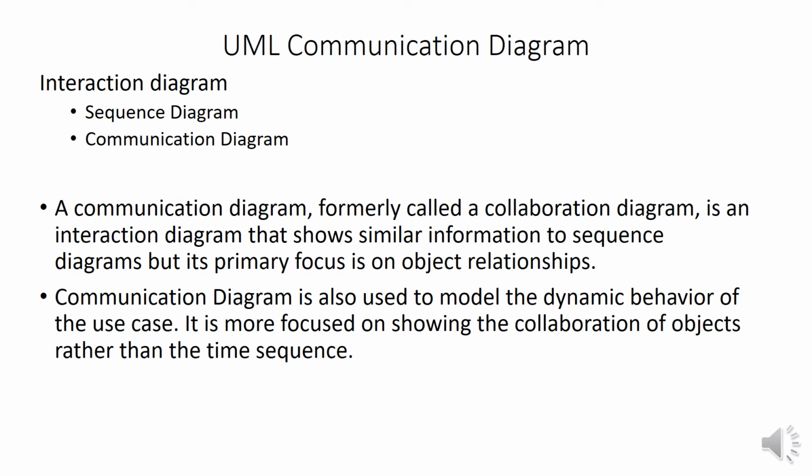Communication diagram is also used to model the dynamic behavior of a use case, similar to sequence diagram. It is more focused on showing the collaboration of objects instead of time sequence.